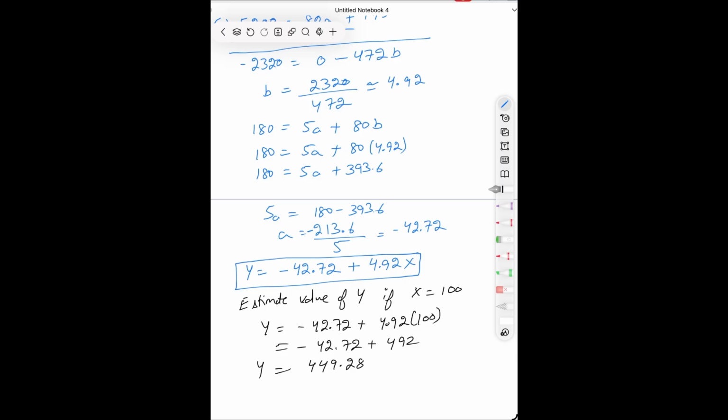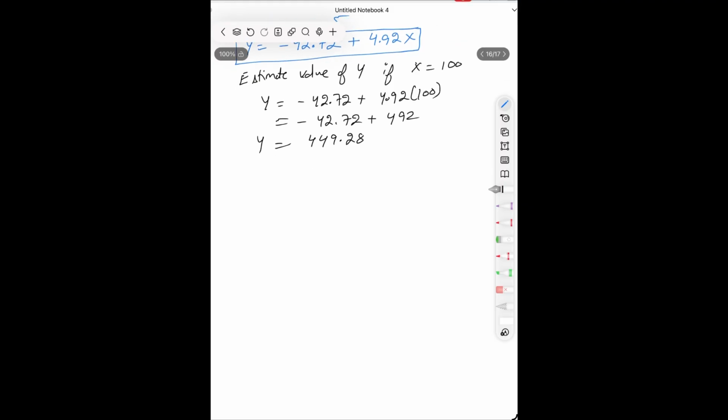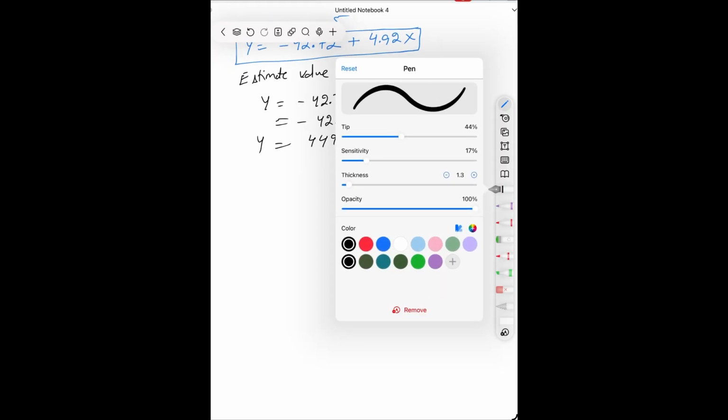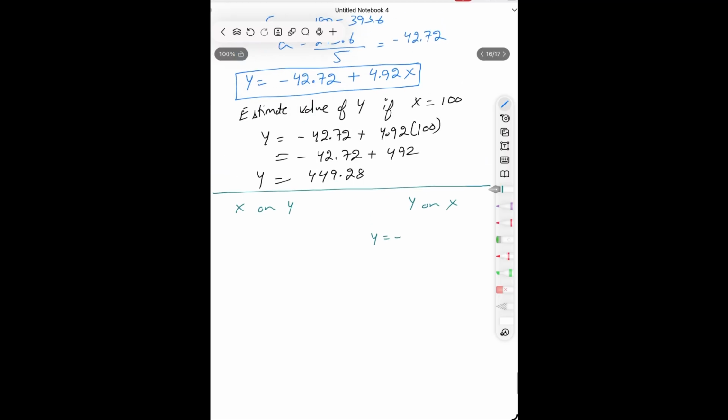Now, some interesting facts about the regression coefficients. First of all, let us write the regression equations simultaneously. My first regression equation is x on y and the second is y on x. My y on x equation was y is equal to minus 42.72 plus 4.92x. This was the regression equation of y on x.